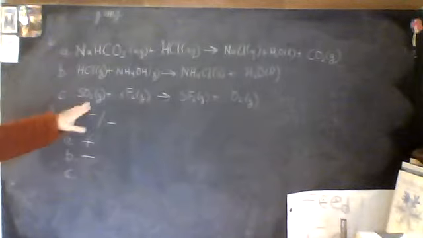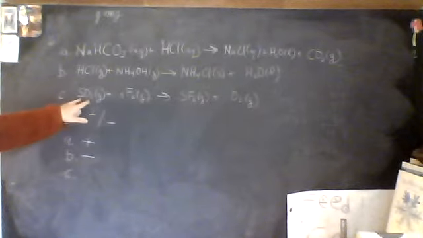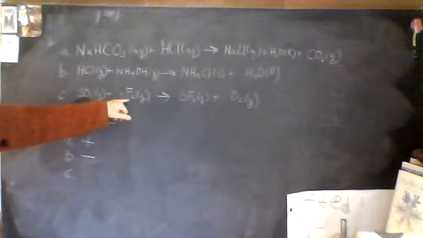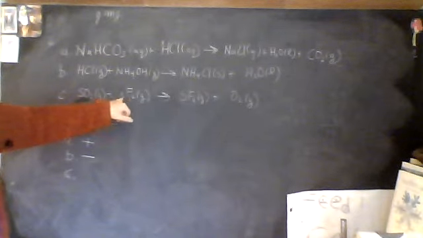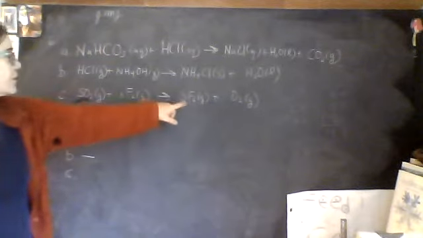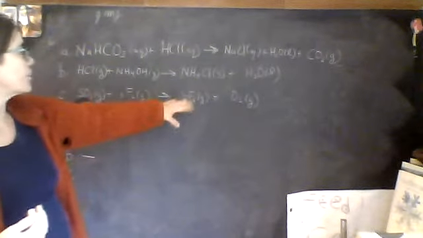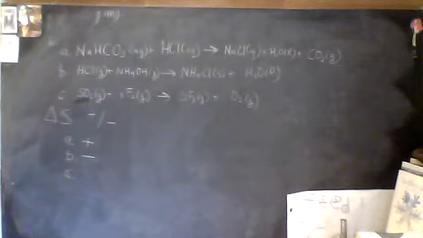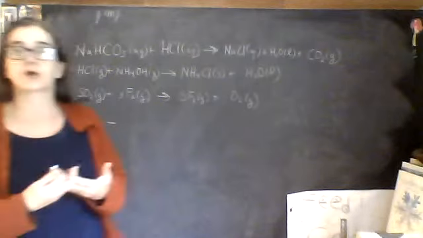Tricky. So here we have sulfur dioxide gas and fluorine, and it's a gas, and then we have sulfur hexafluoride and oxygen. So they're all gases. So what's the next rule that we're going to apply?